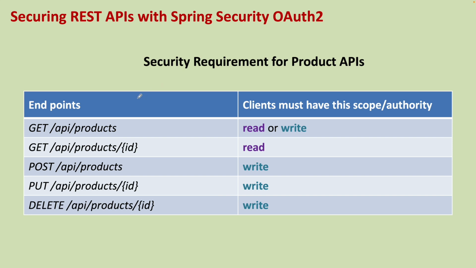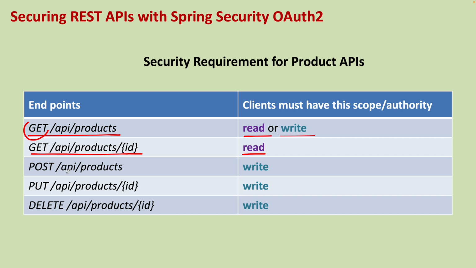You see, to access the list products API at this endpoint and with this HTTP GET method, the client must have this scope or authority, read or write. And to use the get specific product API at this endpoint, the client must have the scope read.